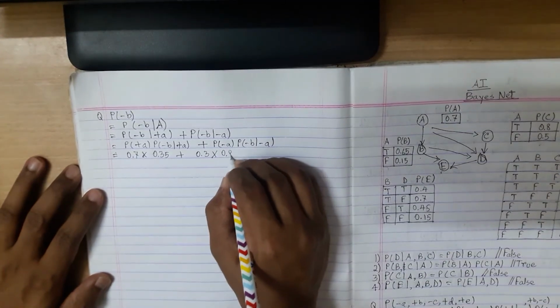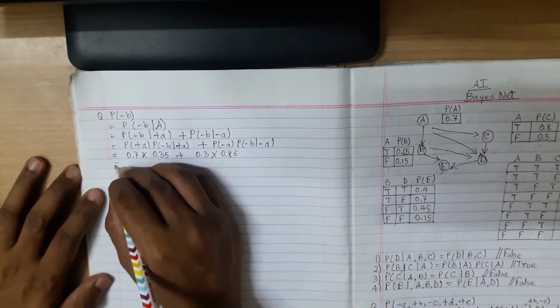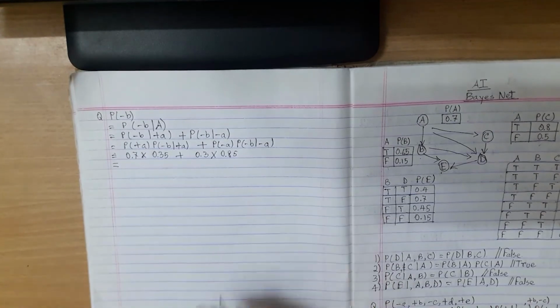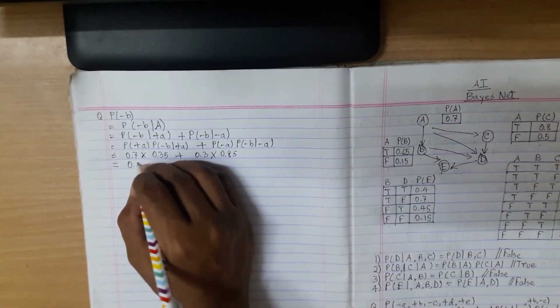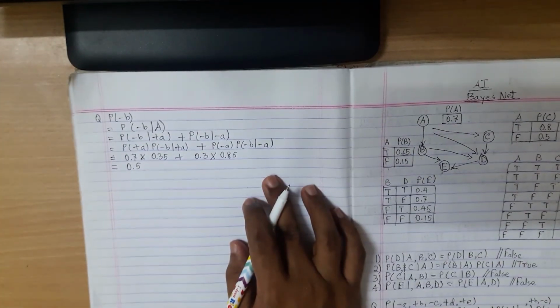Put 0.85, and when you add these two together, it should be around 0.5. Okay, so that's done.